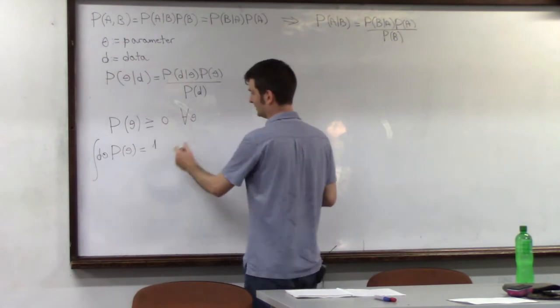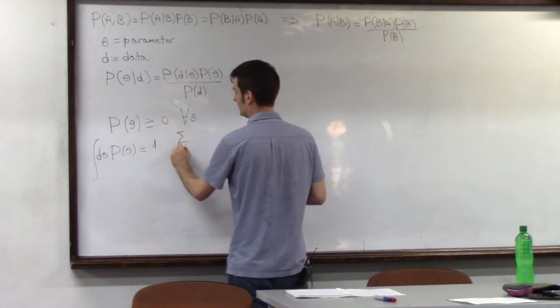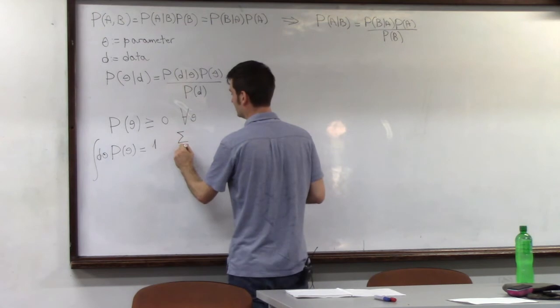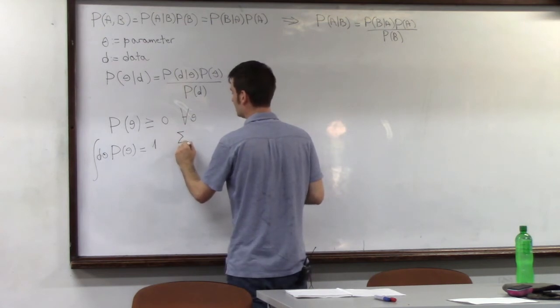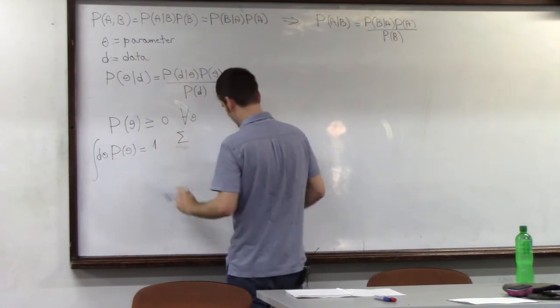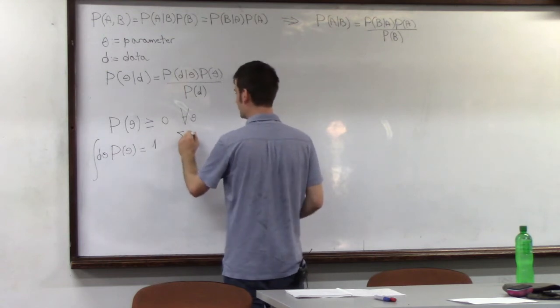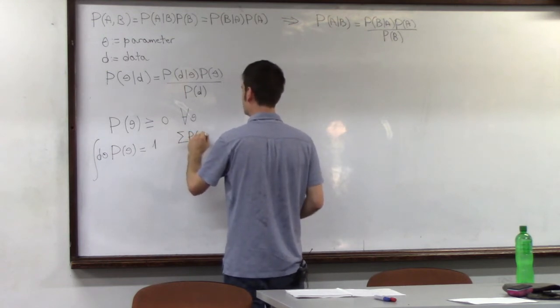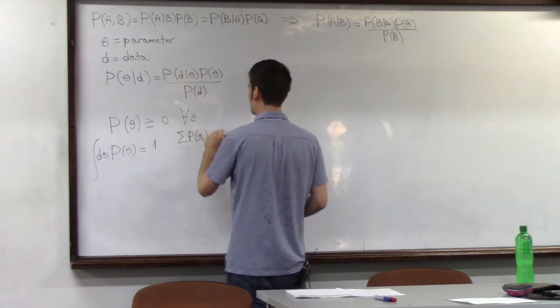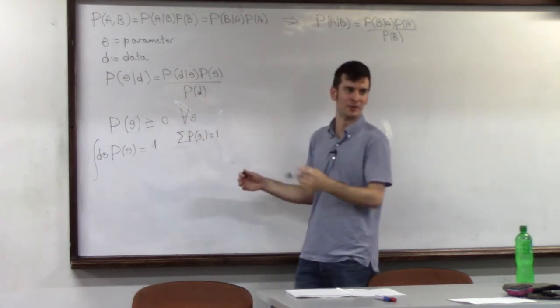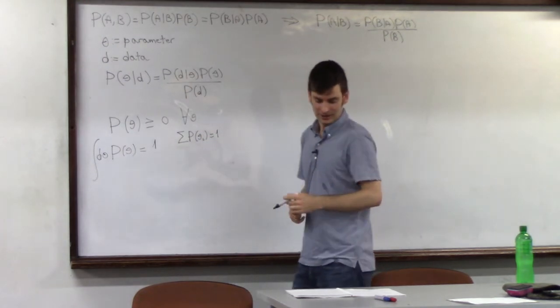And the same if the model is discrete. If you sum over all possible values of the parameter theta, you must find 1.